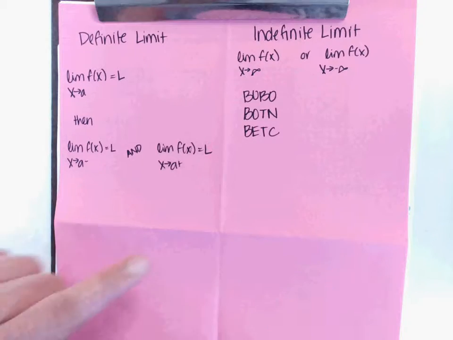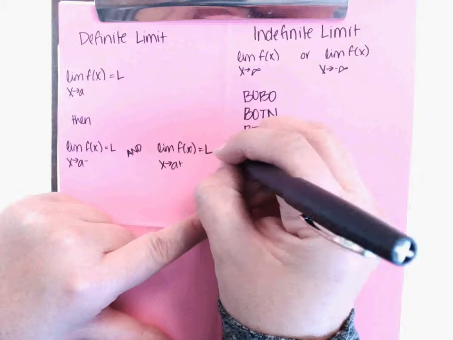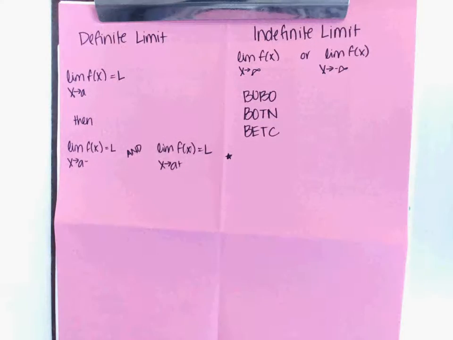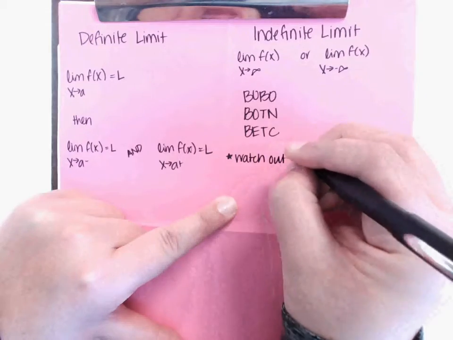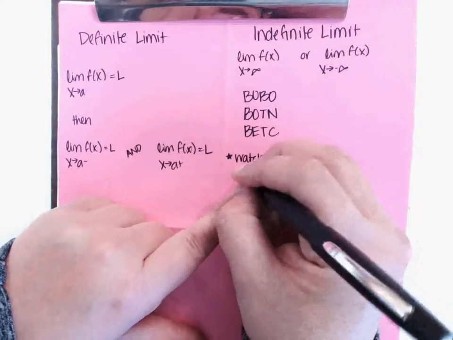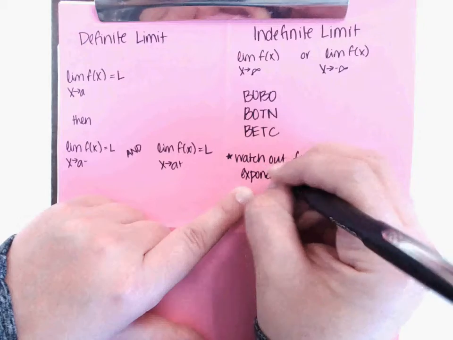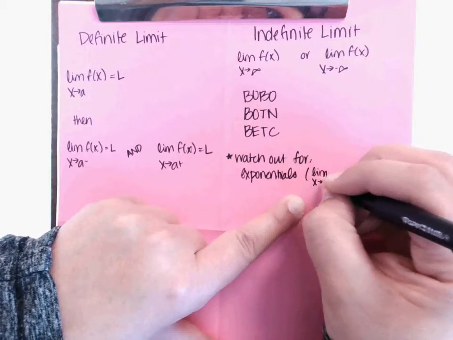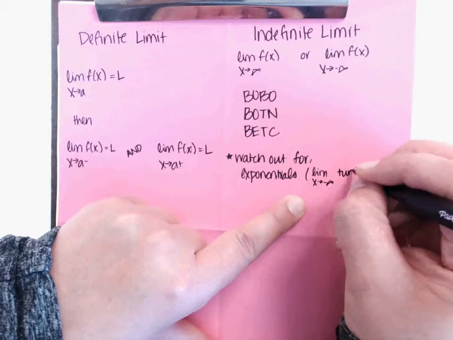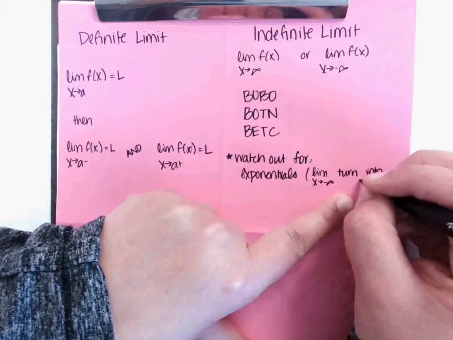Okay? Now, what two types of functions do you have to watch out for where the limits to infinity and negative infinity aren't the same? Two types. Exponentials. Do you remember the other one? Absolute value. Very good. So watch out for exponentials. Limit as x approaches negative infinity, they turn into fractions.